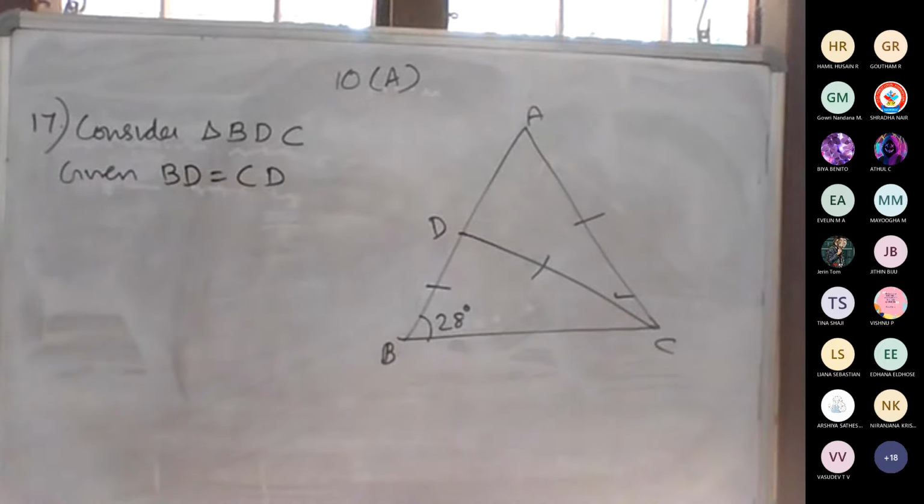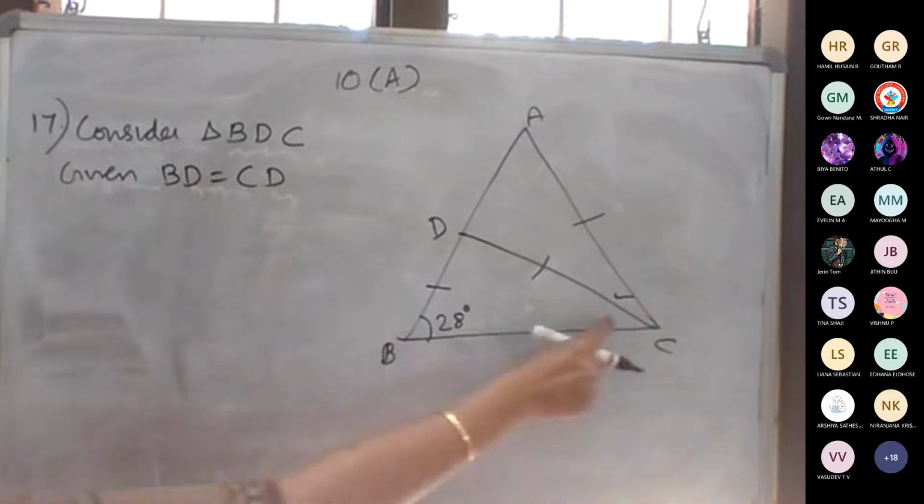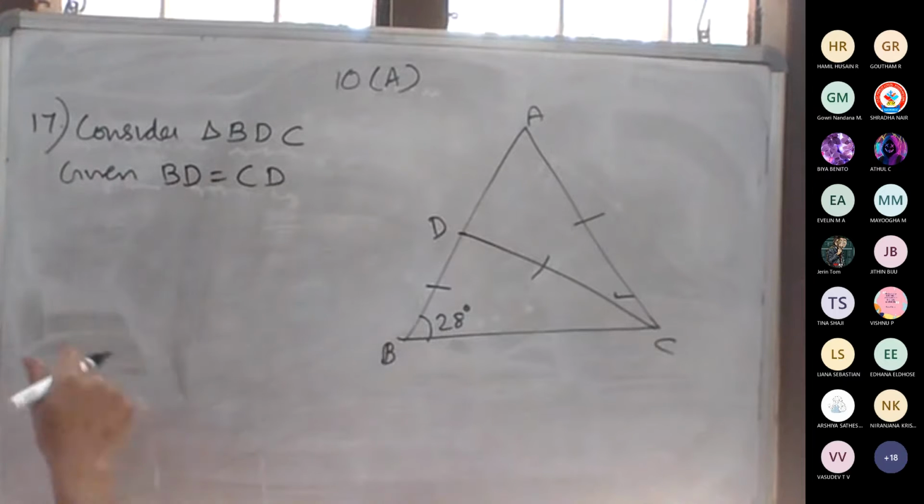Consider triangle BDC. Given BD is equal to CD, that means the angle opposite to BD is what?